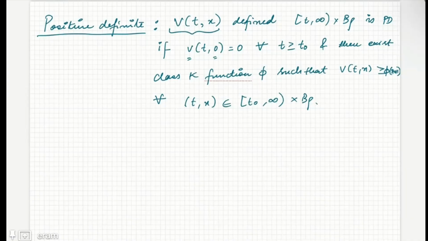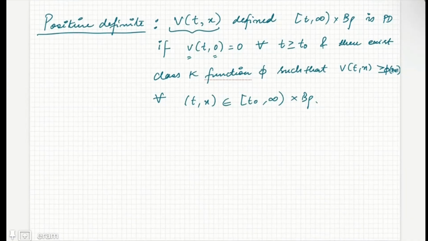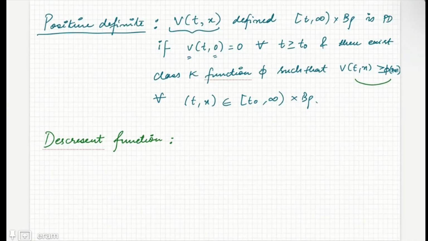Now this is not the only thing that we need. We also need a function which we call a decrescent function. So what is a decrescent function? It is similar to the positive definite function only, but with a flipped inequality.